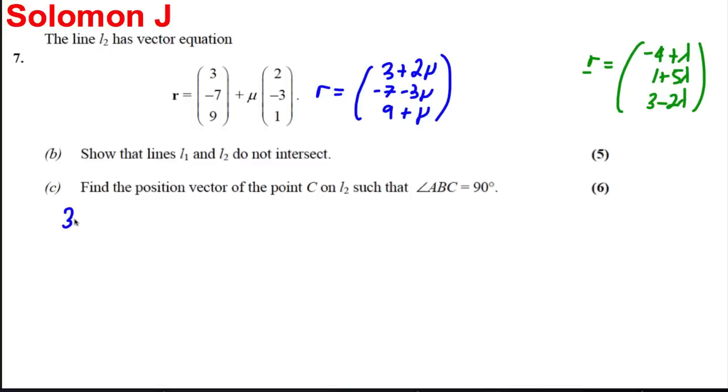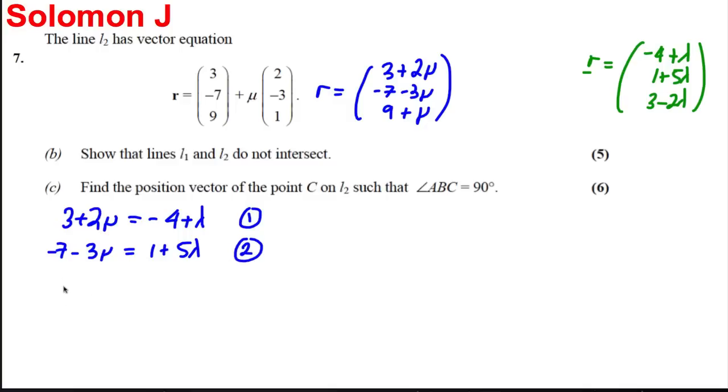So we let 3 + 2 mu equal -4 + lambda, equation 1, for the x's to be equal. We let -7 - 3 mu equal 1 + 5 lambda for our second equation, and we let 9 + mu equal 3 - 2 lambda for our third equation.